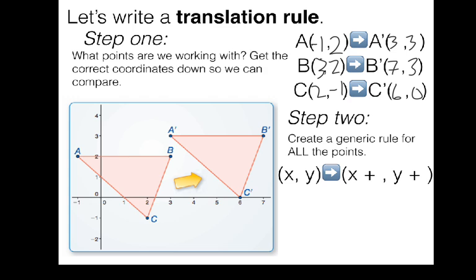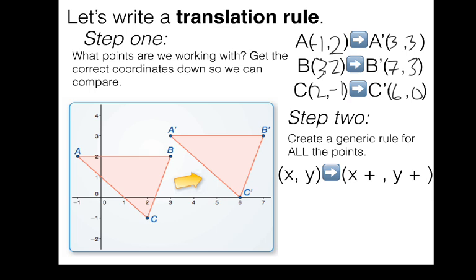Okay, that's good. Next step, we are going to create a generic rule for all of these. So if all of these are x and y, what am I doing to my x and my y in order to achieve what the prime numbers are? What am I adding to my x value in all of these cases to get our prime values?